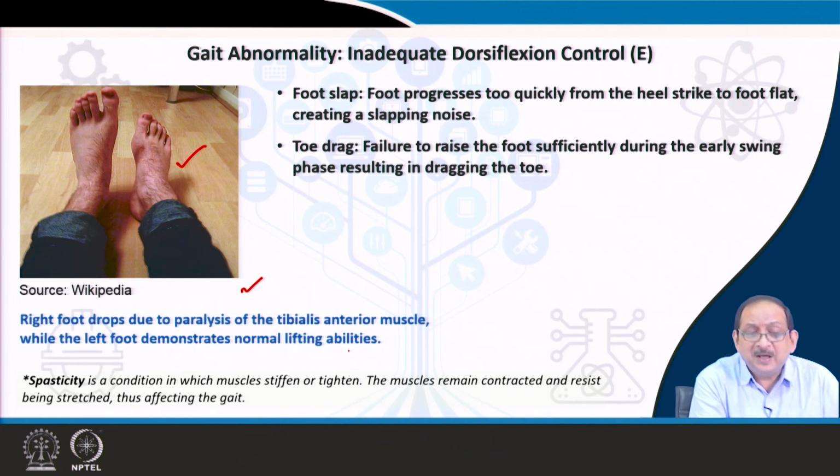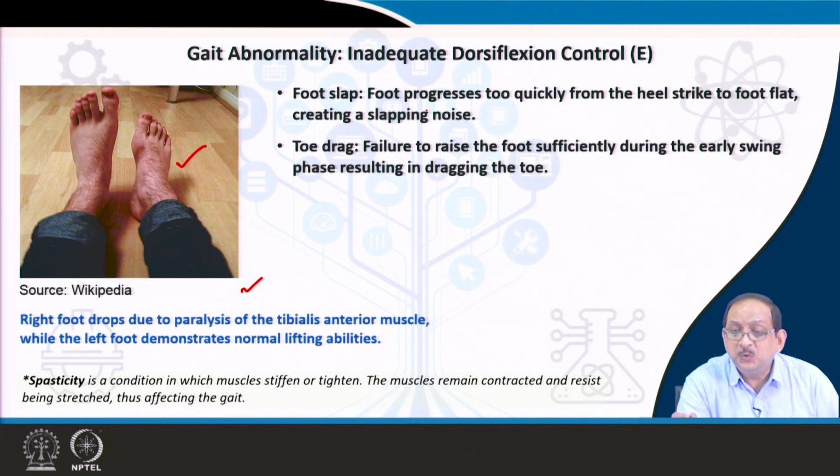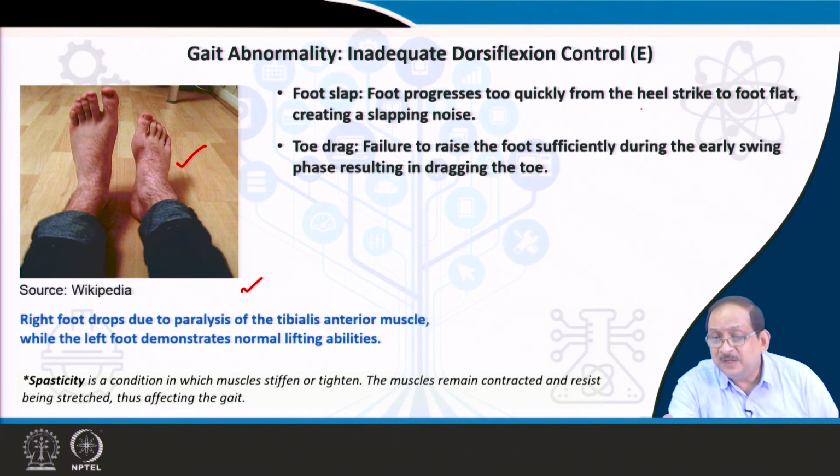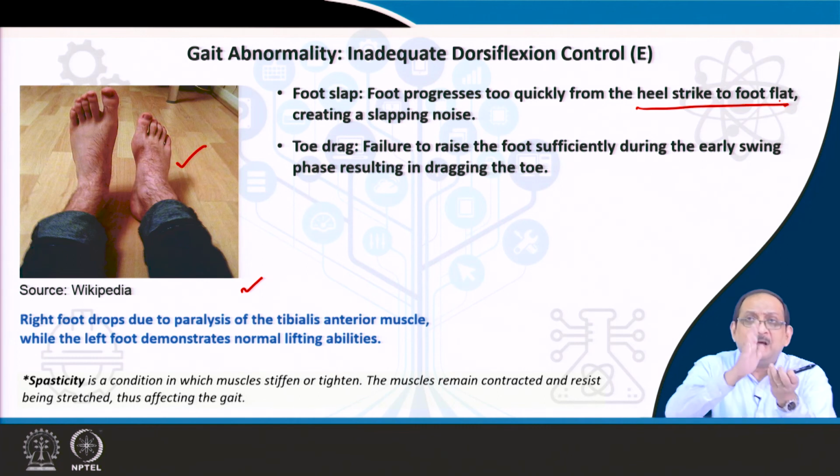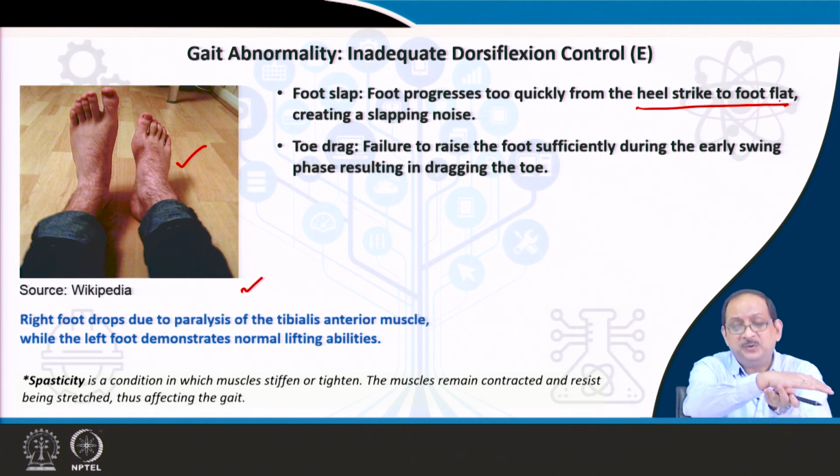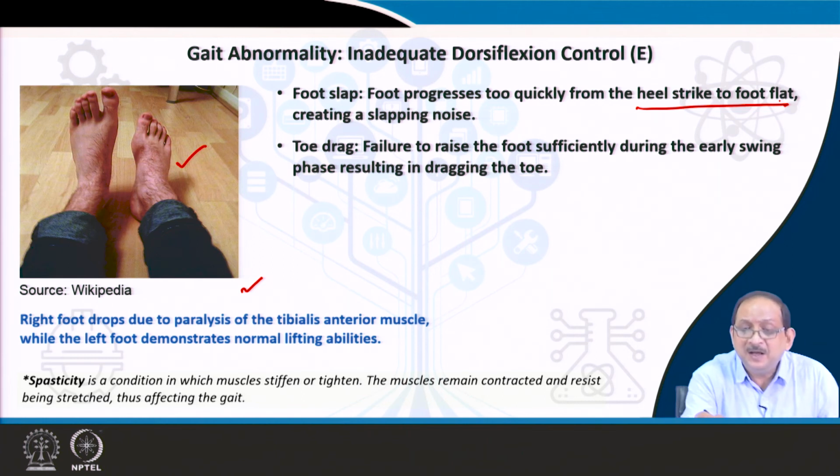So, what happens is the right foot actually drops. It is a form of foot slap where the foot progresses too quickly from the heel strike to the foot flat. So, there is a quick progression of the foot, creating a slapping type of noise.